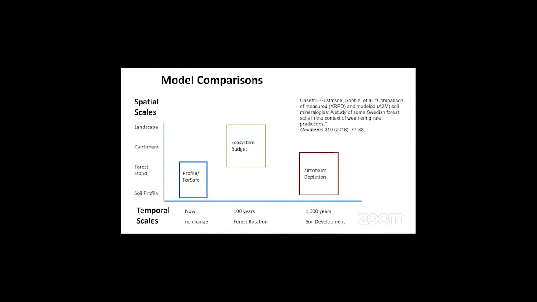Another area we looked at in the project was comparing different models, because earlier studies had often shown great variability between different models' estimates of weathering at a site. We found that harmonization of the input data and the system boundaries reduced the differences between the independent modeling approaches used at specific sites.